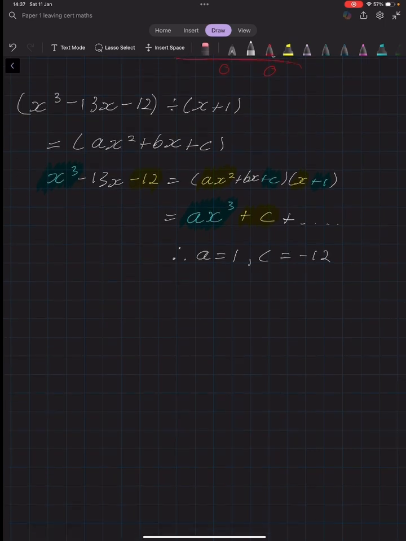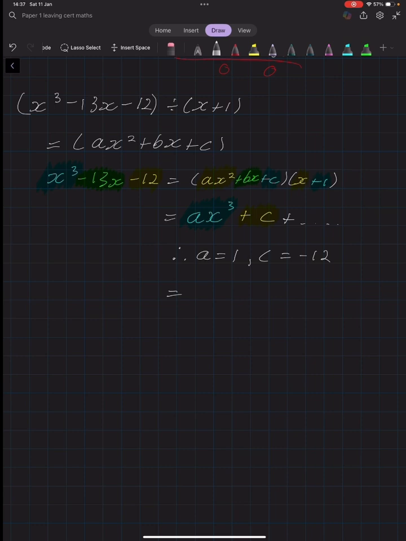And then the only other thing you need to figure out is how to get this bx from this minus 13. So on the right hand side, what x's will I get?